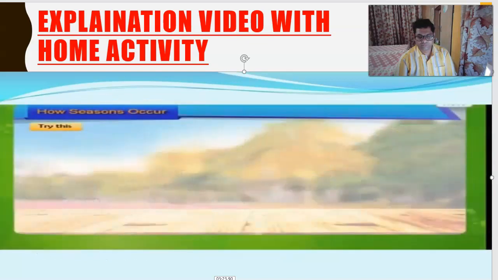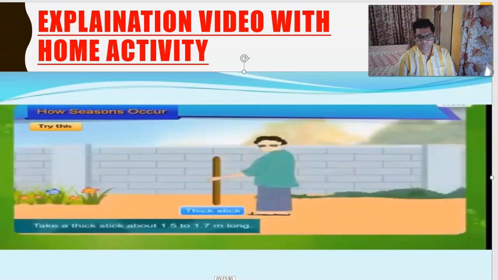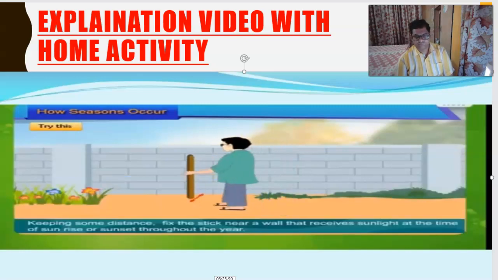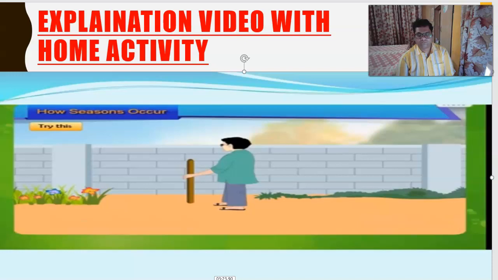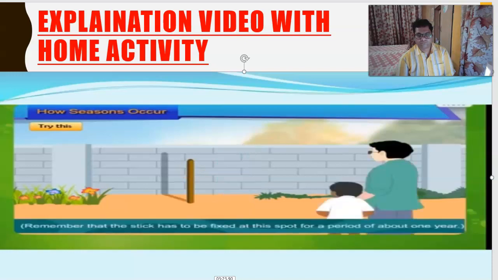Try this. Take a thick stick about 1.5 to 1.7 meter long. Keeping some distance, fix the stick near a wall that receives sunlight at the time of sunrise or sunset throughout the year. Remember that the stick has to be fixed at this spot for a period of about 1 year.